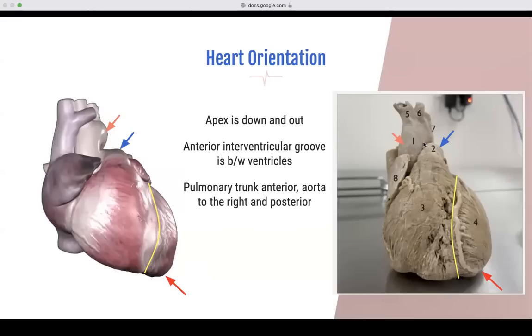Aorta. Yeah, okay. 5. Brachiocephalic trunk. Yeah. And 6 and 7. Left common carotid and left subclavian. Yeah, left common carotid, yeah.